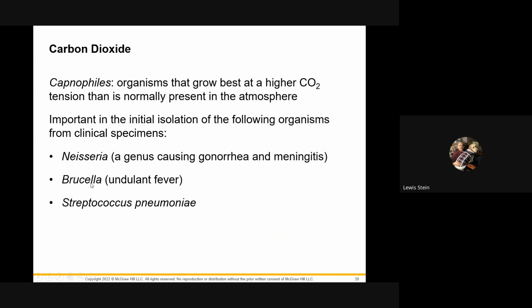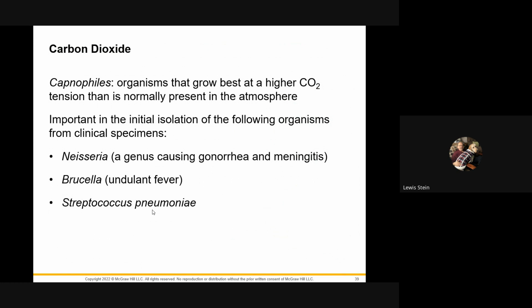Brucella, you don't see a lot in this part of the world, and Streptococcus pneumoniae. When you start to really grow streptococcal species in the lab, we use blood agar. It derives extra nutrients from the hemoglobin in red blood cells, and in doing so breaks it down. When it does that, we're able to identify it, whether it totally consumes it or only partially consumes it.